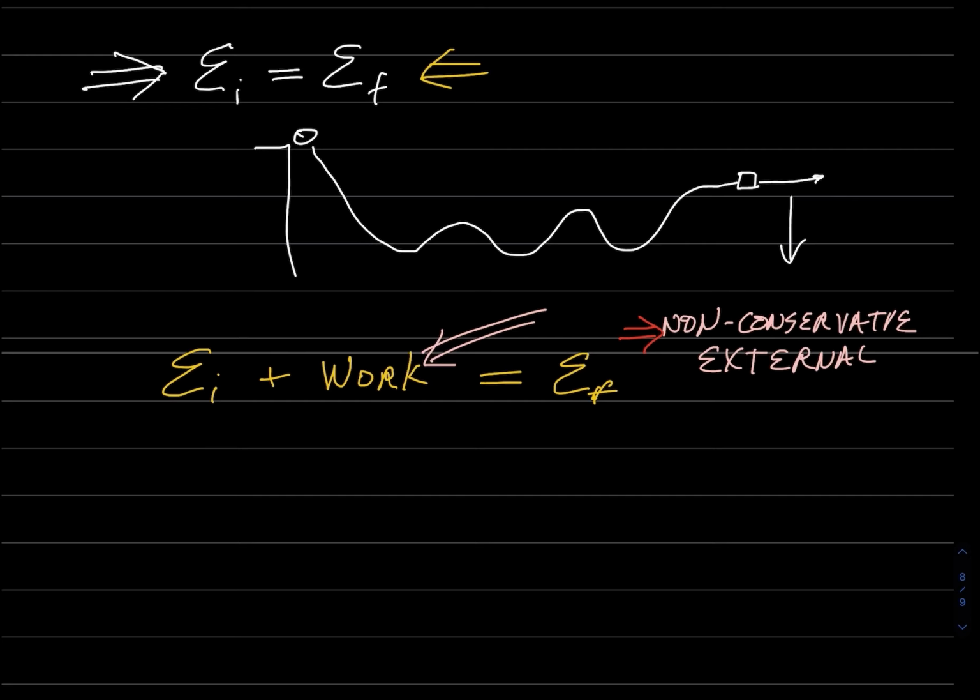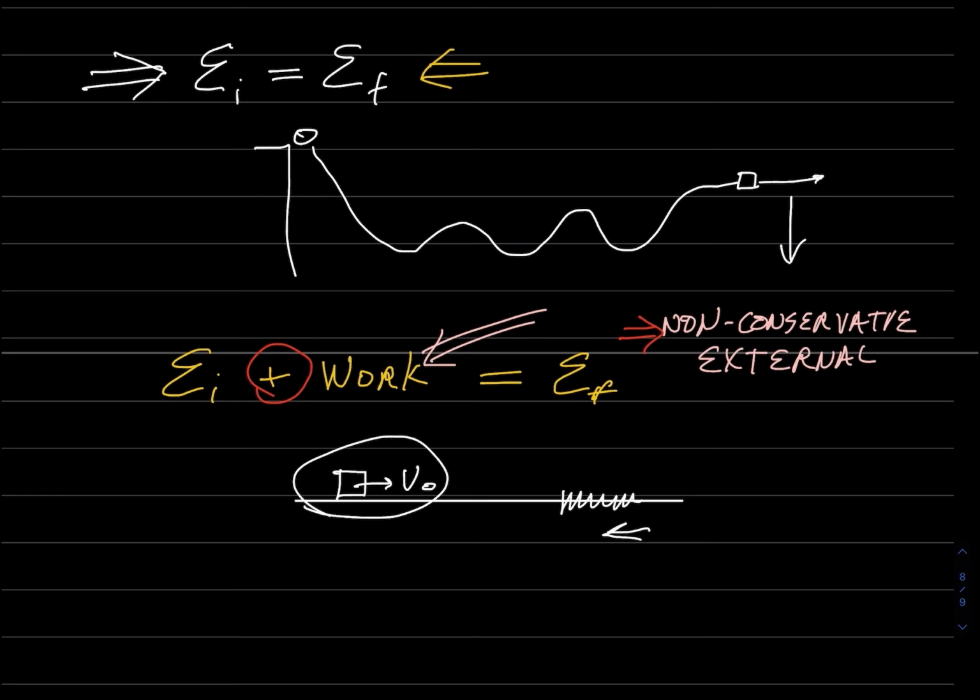And I'm being better here about using the sign, because really when we had that situation of the mass running across the rough spot, the friction force was in this direction. This is our positive direction. The friction force is moving in the negative direction. So the work was negative.